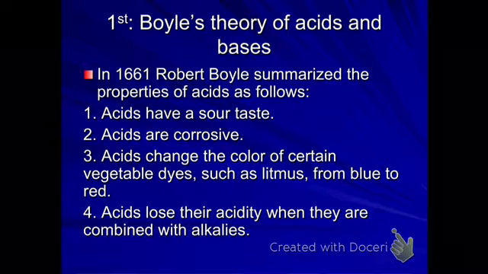But anyway, acids, he also noticed, lose their acidity when they're combined with something called alkalis. Now that word alkali should sound familiar from the periodic table, the two families, alkali and alkaline earth metals. Those metals on the periodic table are typically found within Earth's crust.